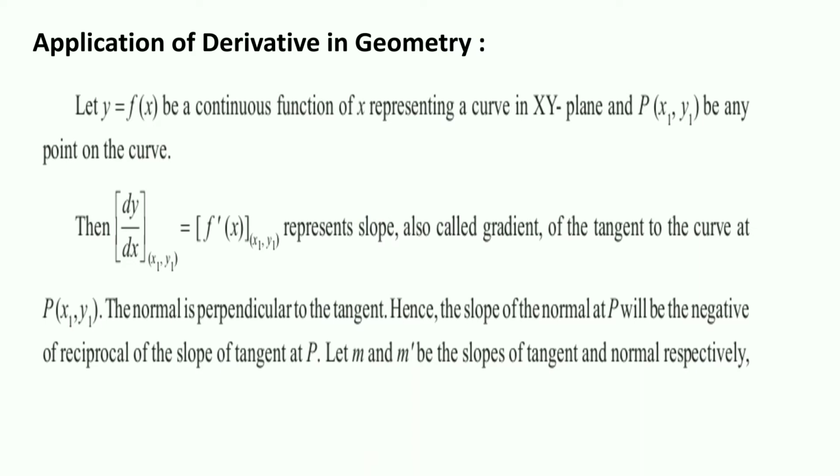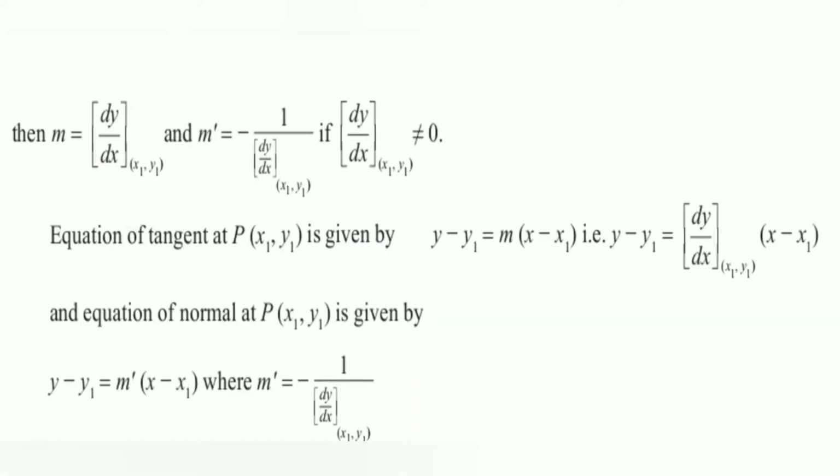Let m and m dash be the slopes of tangent and normal respectively. Then m equals dy by dx at point (x1, y1) and m dash equals minus 1 upon dy by dx at point (x1, y1), if dy by dx at (x1, y1) is not equal to 0.